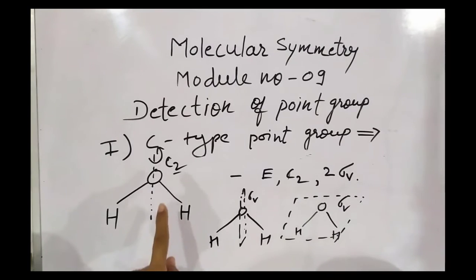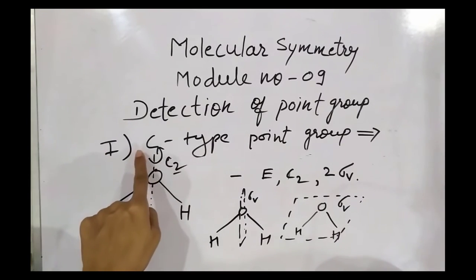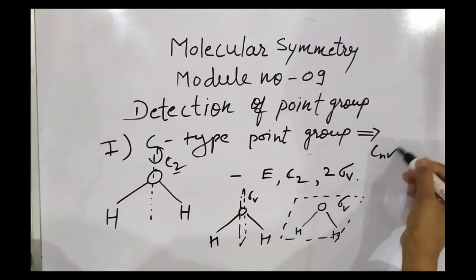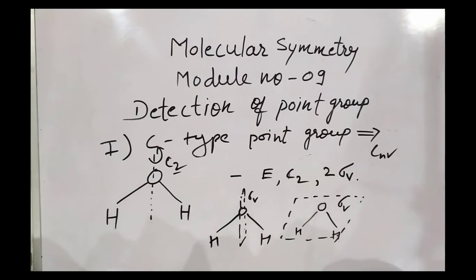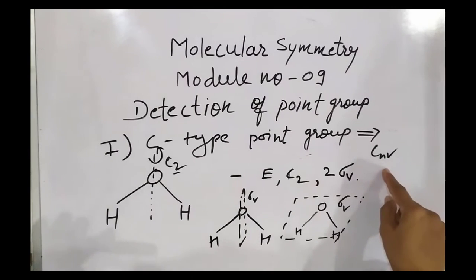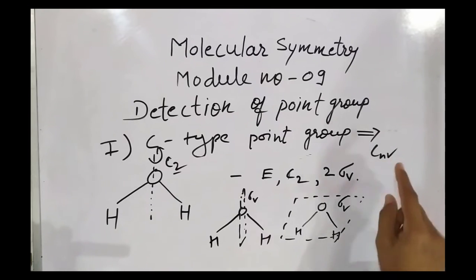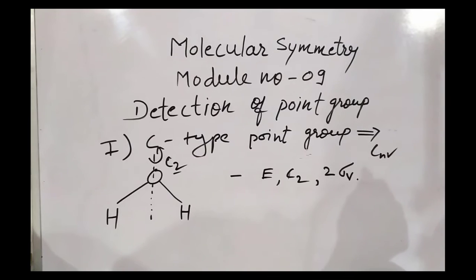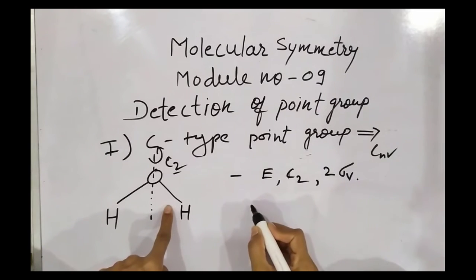And according to the definition of C2V, or the definition of CnV, what is the definition of the CnV point group? If a molecule possesses a Cn rotational axis and n number of vertical planes, then it belongs to CnV. Now as the water molecule has a C2 rotational axis and 2 vertical planes, what will be the final point group of the water molecule?